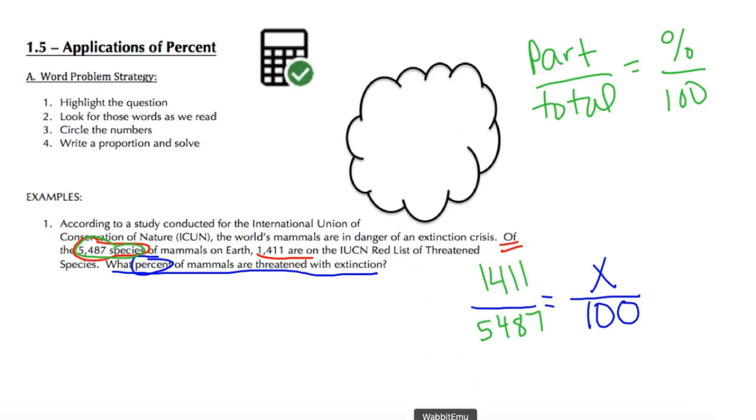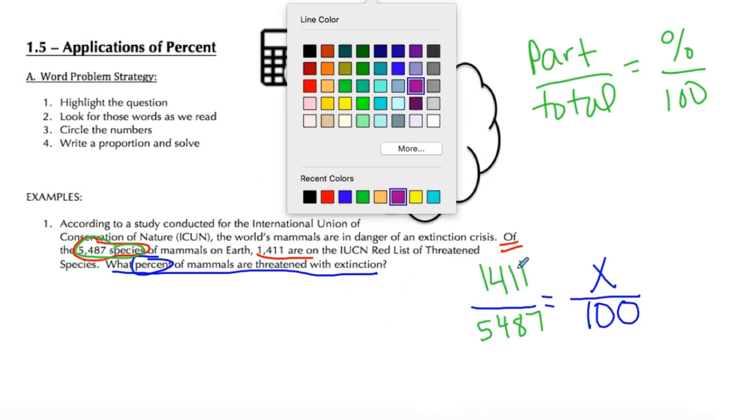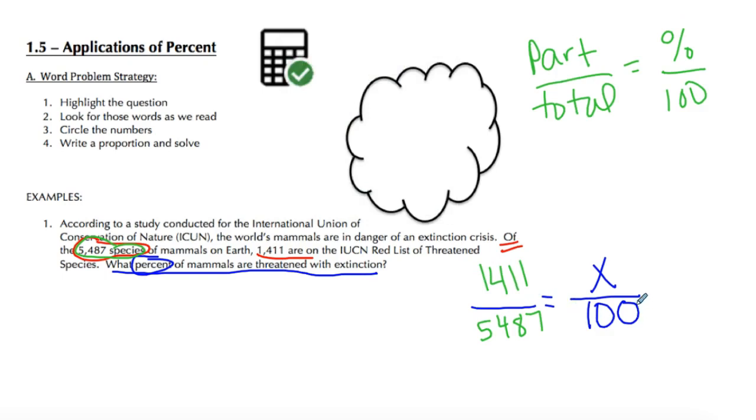Once I get my proportion set up, I now need my calculator so that I can multiply this out. So as I cross multiply, 1,411 times 100 is 141,100 equals 5,487x.